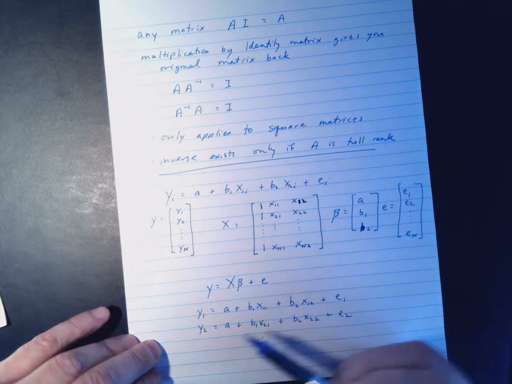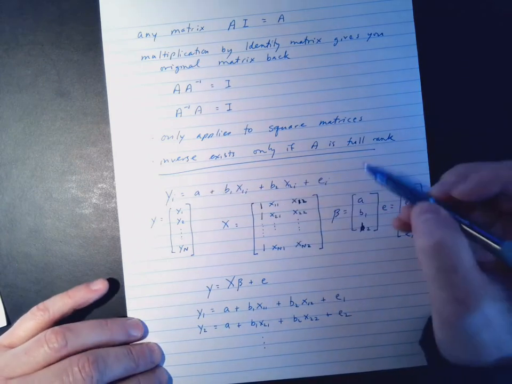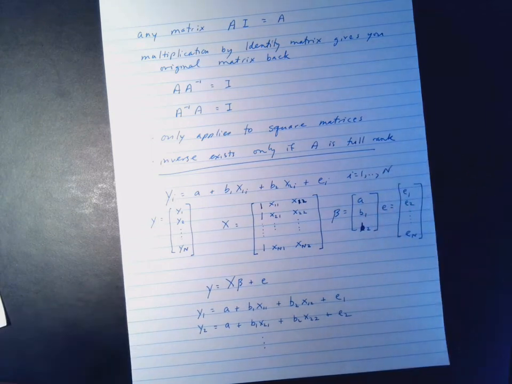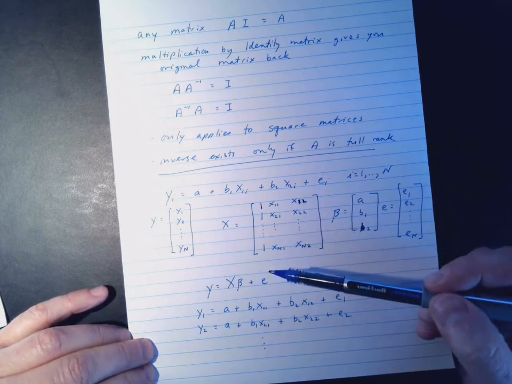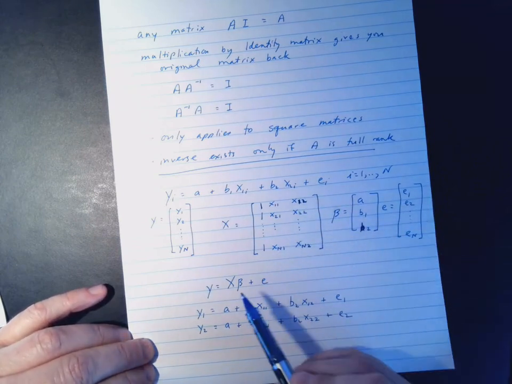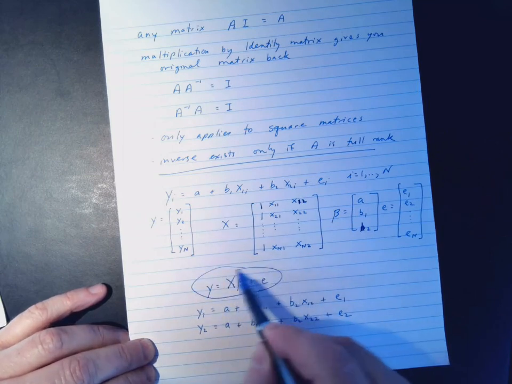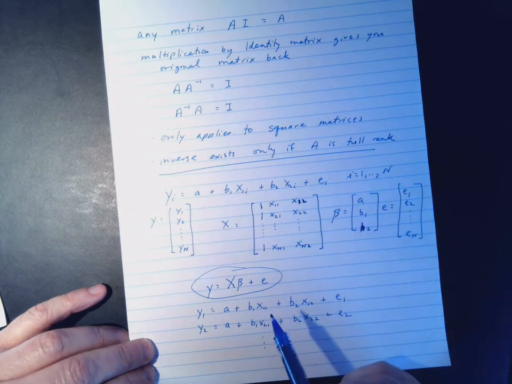So that's the same as this expression here, where i equals 1 to n. Okay, so we have now expressed our linear regression model using matrix notation.